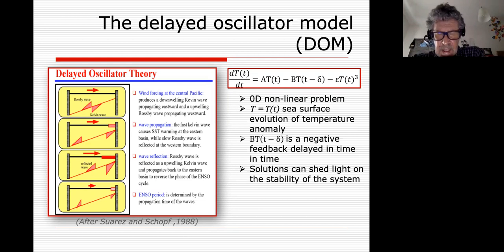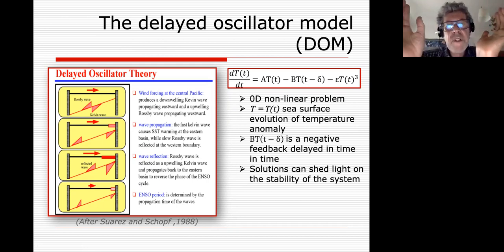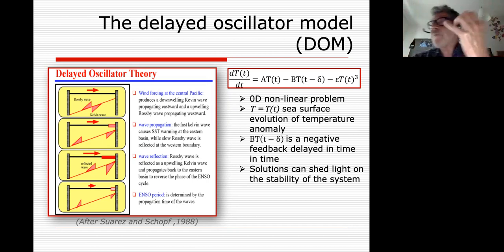And obviously, there were many different attempts to do that. Probably the simplest one is the representation of the ENSO in terms of an oscillator.